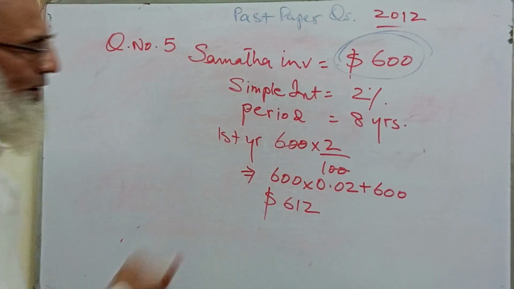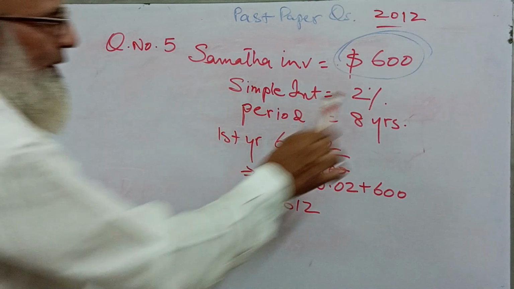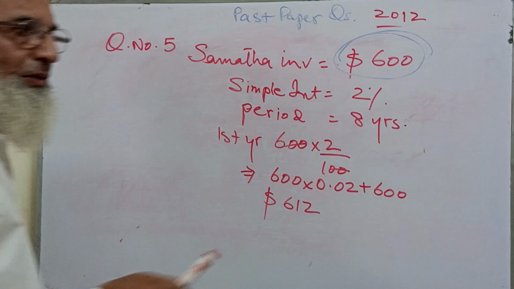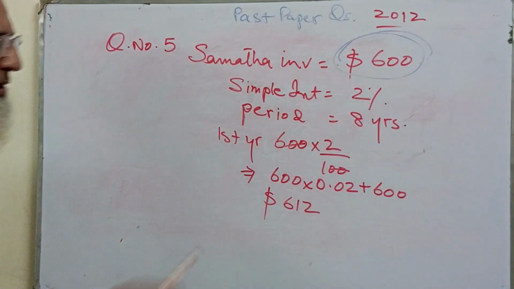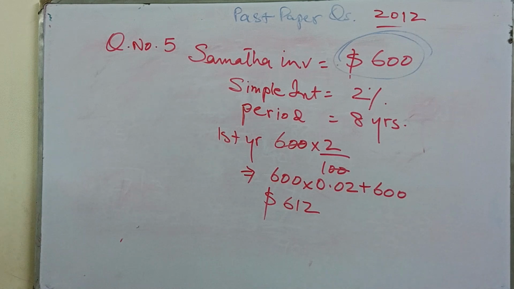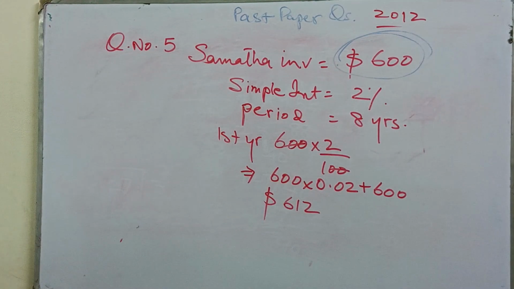Now, as I told you, though we have changed from $600 to $612, in simple interest the actual amount remains the same.